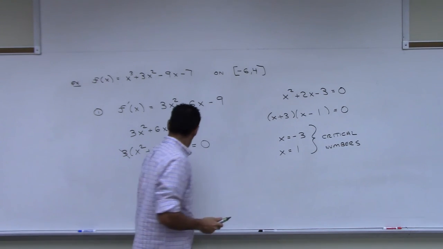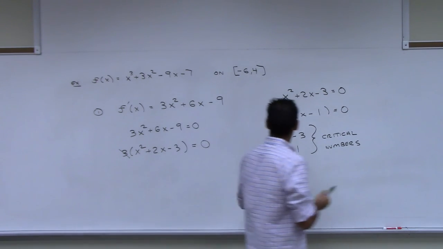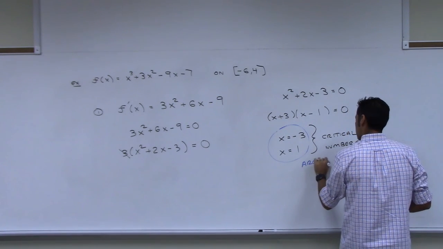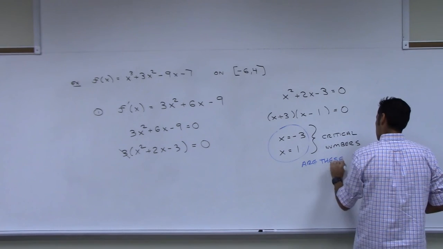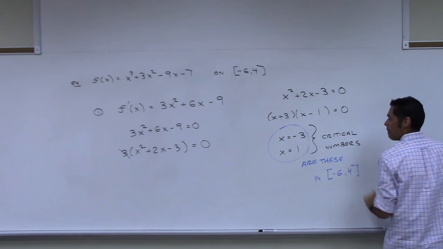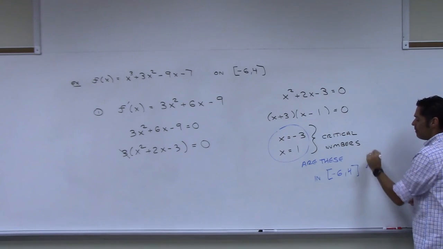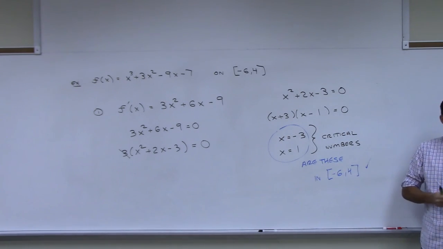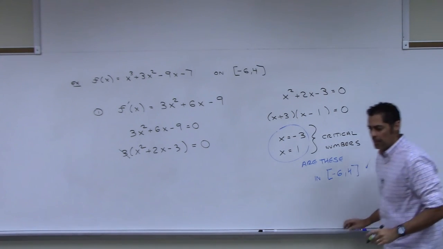So let's do a quick check. Are these in the interval -6, 4? Are they both? Yes. Now, if one of them wasn't, we would just scratch it out, okay? All right, next step.